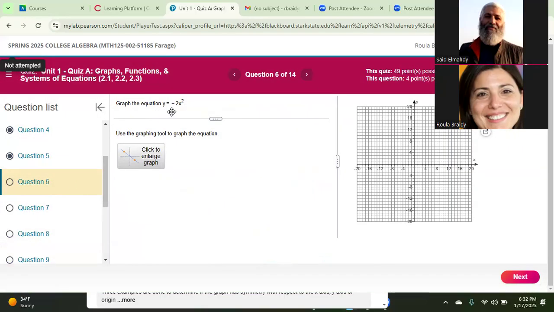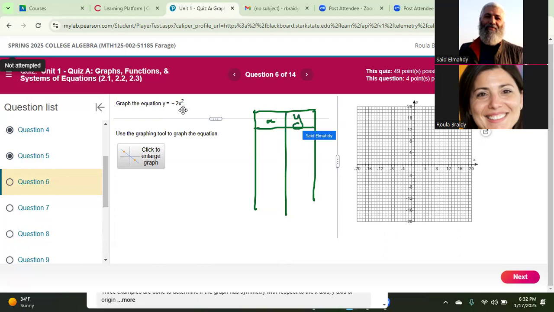Graph the equation y equals minus 2x squared. So we make a table, like we did yesterday. We start with x. If x equals 0, then y would be something. We substitute -2, -1, 0, 1 and 2.